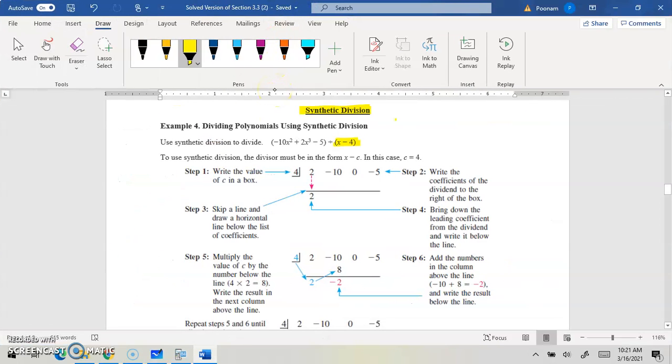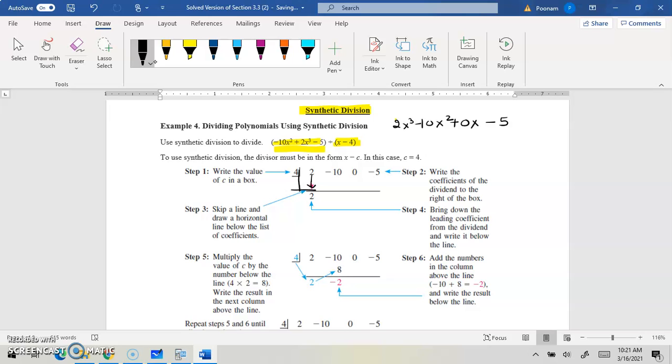Let's see it one more time. So we write this given polynomial in the standard format and write the coefficients. When we write this polynomial in the standard format, it would look like 2x cubed minus 10x squared plus 0x, because that term was missing, minus 5. You write all its coefficients, 2, negative 10, 0, negative 5, and 4 is written on the side here. 2 comes down as is.